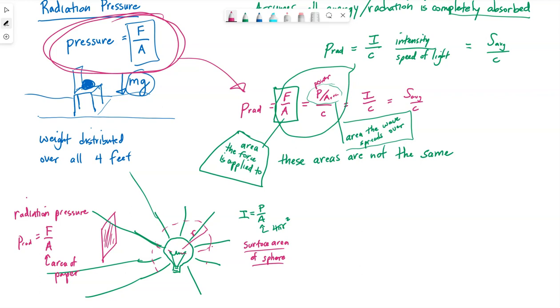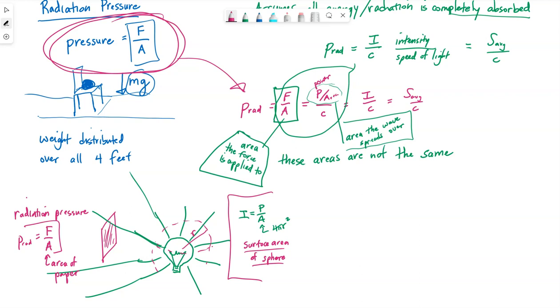And so in the radiation part, we would want the area of the paper itself in the force per area, whereas in the intensity portion, the power of that light bulb would be spreading out over a spherical surface or a spherical area. So be careful with those A's, those areas.